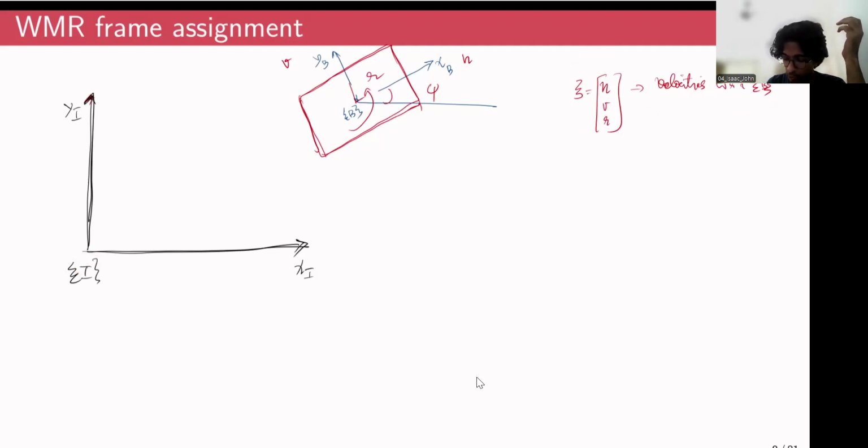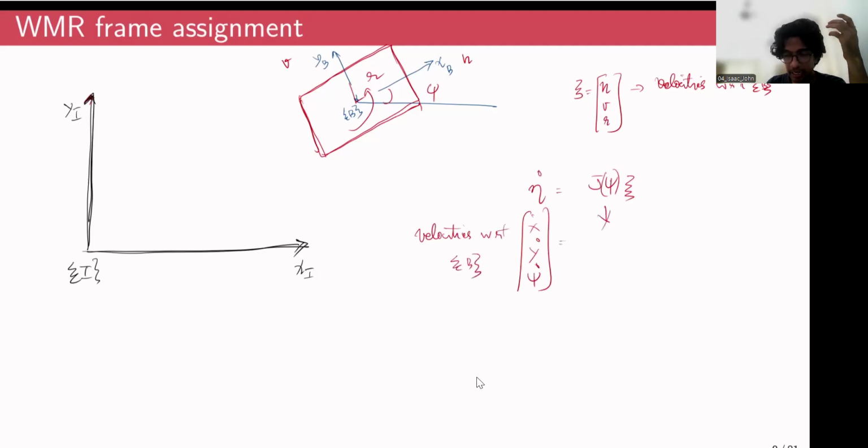Right? You can do so by using this transformation: eta dot equals a Jacobian matrix J of psi multiplied by zeta, where eta dot I can call x dot, y dot, psi dot. These are the velocities with respect to the inertial frame of reference.